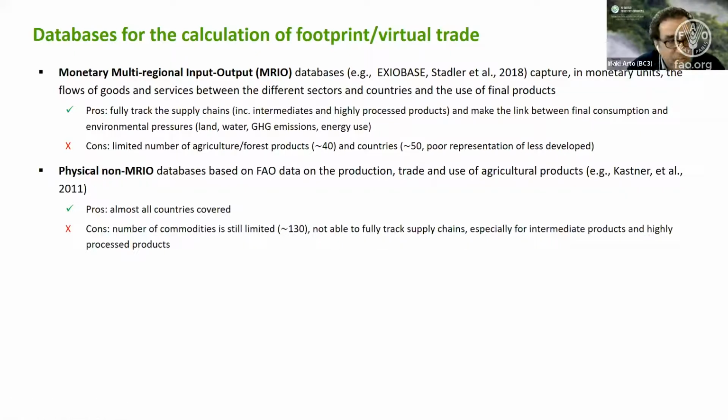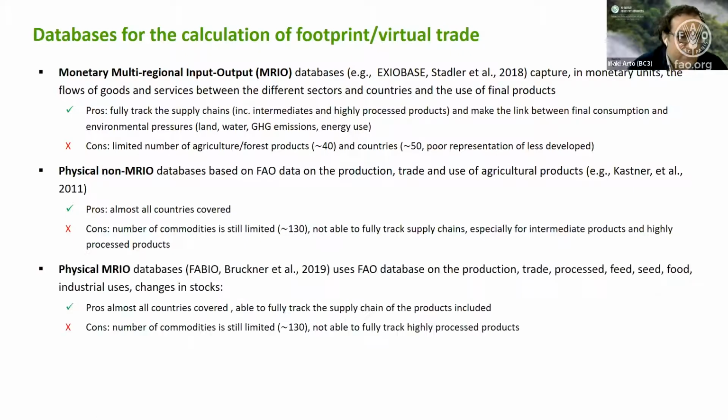processed products. And finally, we have the physical multi-regional input-output databases, like FABIO, developed by Martin Bruckner and colleagues. These databases also use FAO databases on production, but as in the case of the physical non-multi-regional databases, they also use additional information on the trade, volumes processed, feed, seed, food, industrial uses, and changes in the stocks.